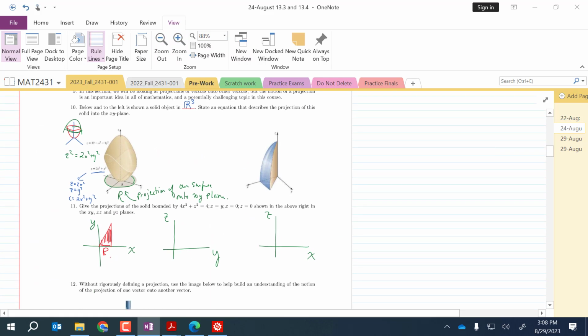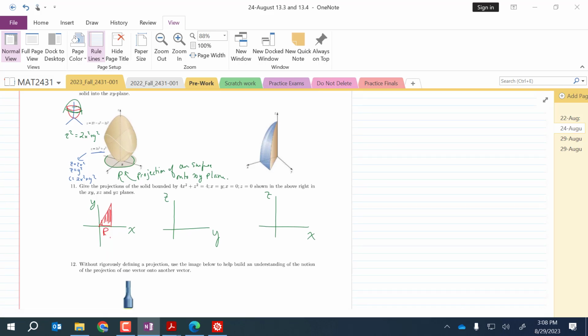Well, two of them are just... It looks more like an exponential to me.